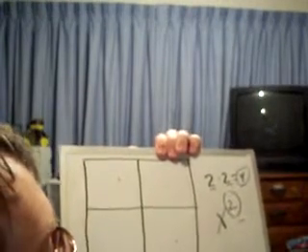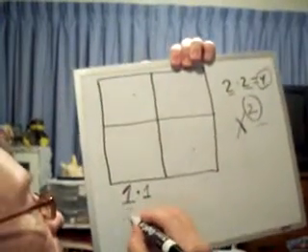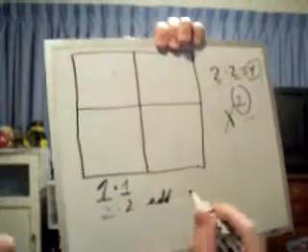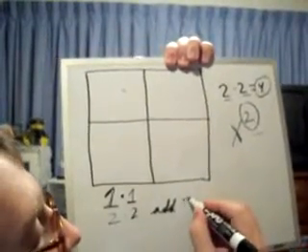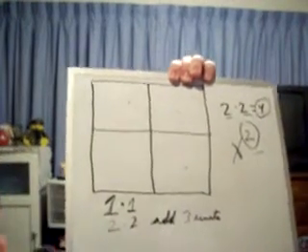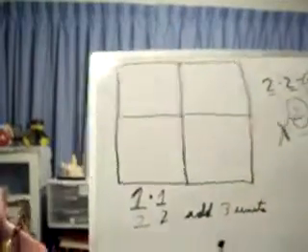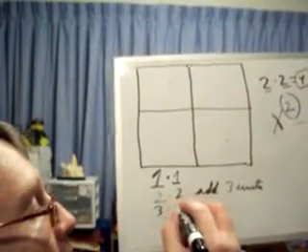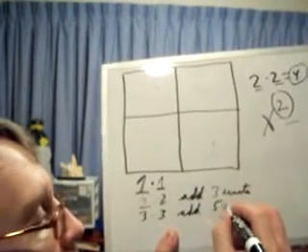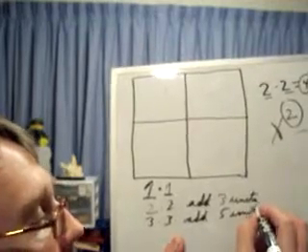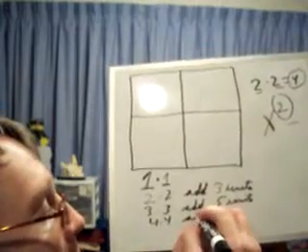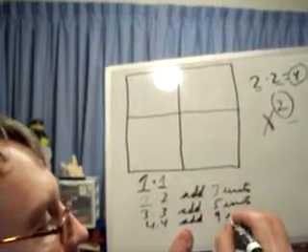If you had a 1 by 1 square and you wanted to make it a 2 by 2 square, you would have to add, that's the word add, 3 units. If you want to make this into a 3 by 3 square, you would have to add an additional 5 units. And if you want to make this into a 4 by 4 square, you would have to add an additional 9 units.